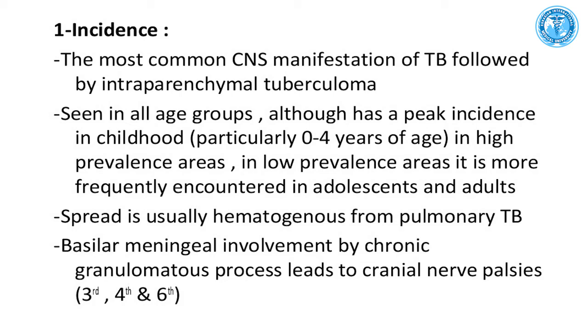In high prevalence areas, while in low prevalence areas, it is more frequently encountered in adolescents and adults. Spread is usually hematogenous from pulmonary TB. Basilar meningeal involvement by chronic granulomatous process leads to cranial nerve palsies.